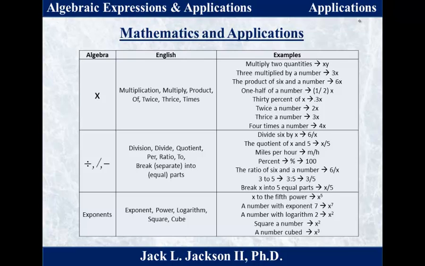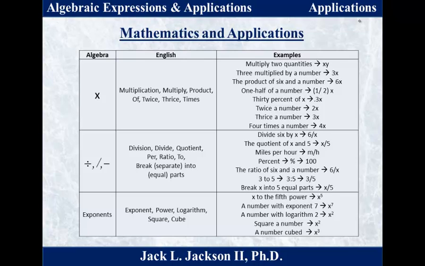So if I have 30%, that literally means 30 divided by 100. The ratio of 6 and a number is 6 divided by x. 3 to 5, that's a ratio, 3 colon 5, but it also could be thought of as a fraction, 3 divided by 5. Break x into 5 equal parts, well, each part will be of size x divided by 5.